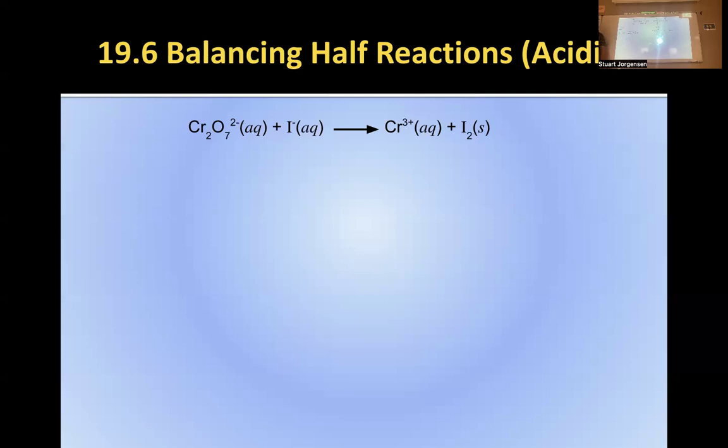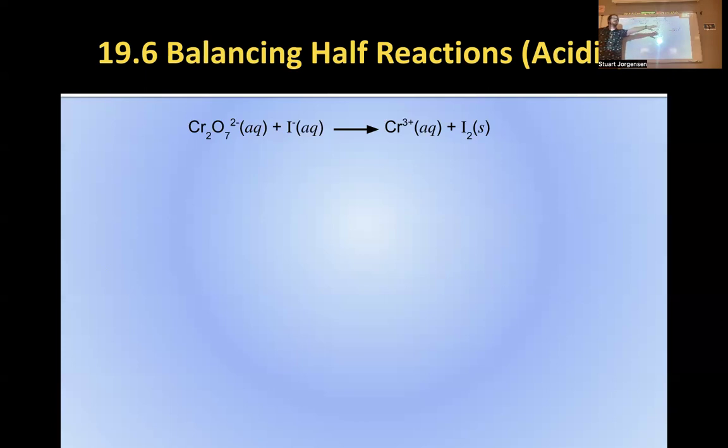This one is turning into Cr3+. How many chromiums? 2. So we're going to need a 2 here. Another problem: we've got O's, and we've got an acidic solution, which means what else is floating around in our beaker?